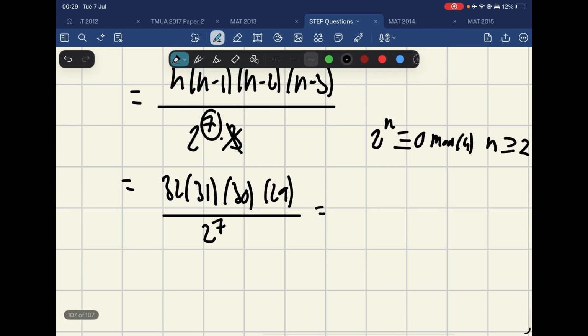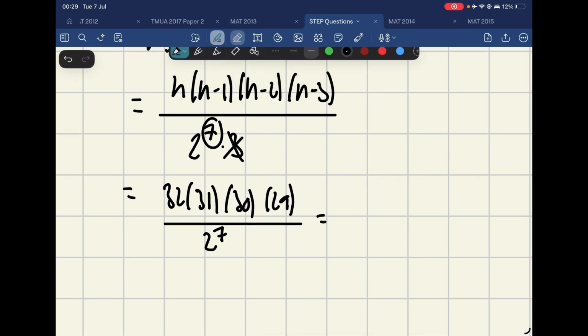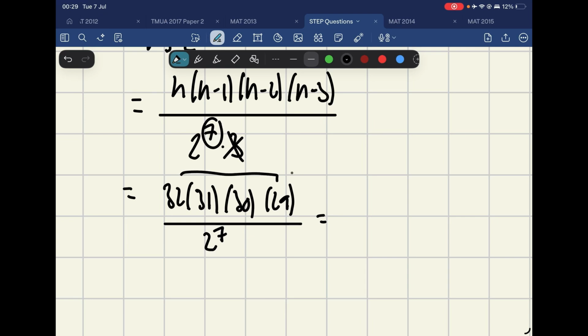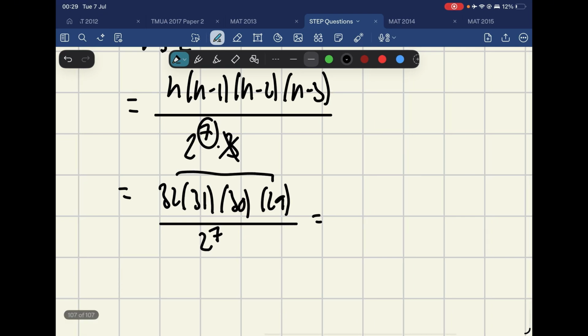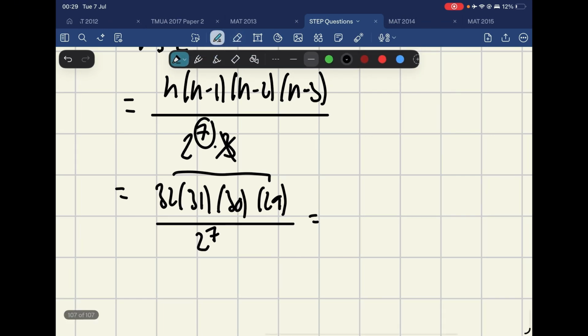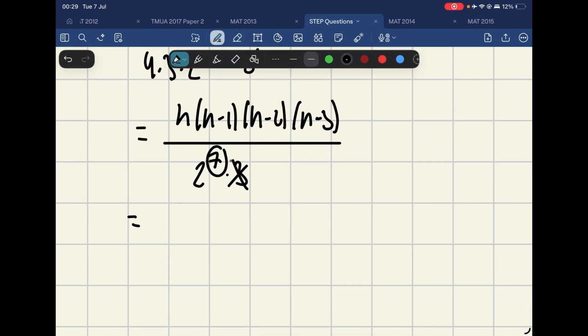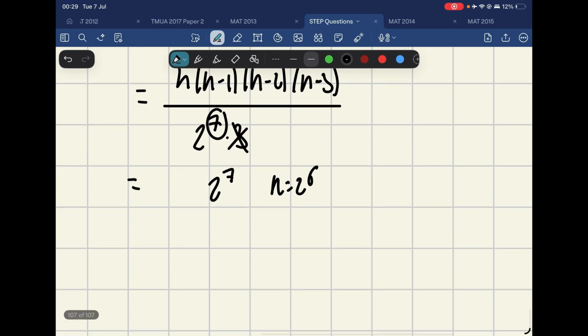So in our expression here, the 2 to the n only adds one more 2, because we only have one more even number, and that even number is just a multiple of 2. There's nothing special about it. So therefore, we need 2 to the 7. If we have 2 to the 6 as n, and then we have a multiple of 2 somewhere in our chain of consecutive integers, this works.